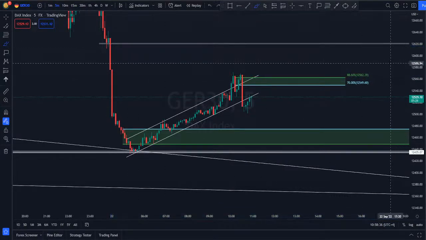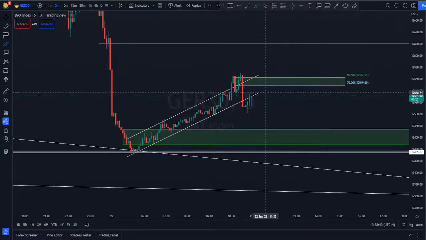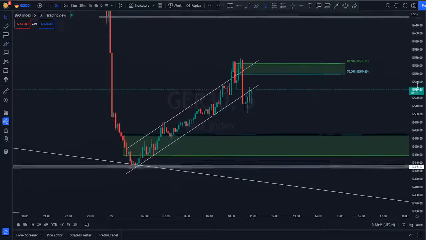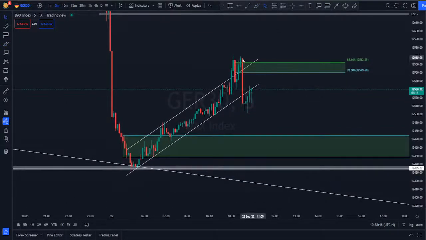Whatever price is doing now, I don't want to pay attention to that unless I get a good confirmation. I have drawn up this level here, just in case at market open price pumps into this area and shows us some signs that price is going to drop.